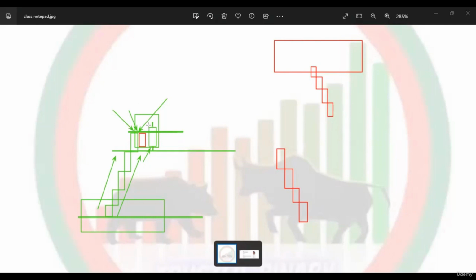So first of all, you have to check this candlestick's volume, the POC. What is the POC?